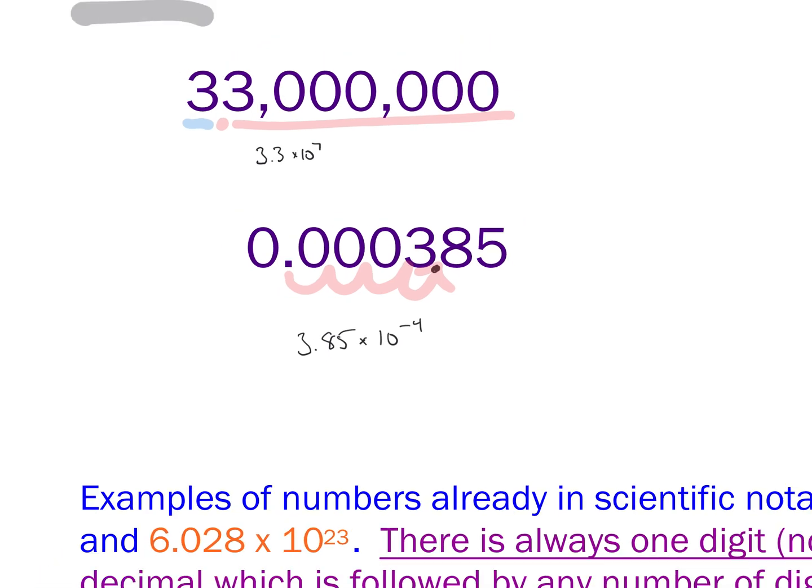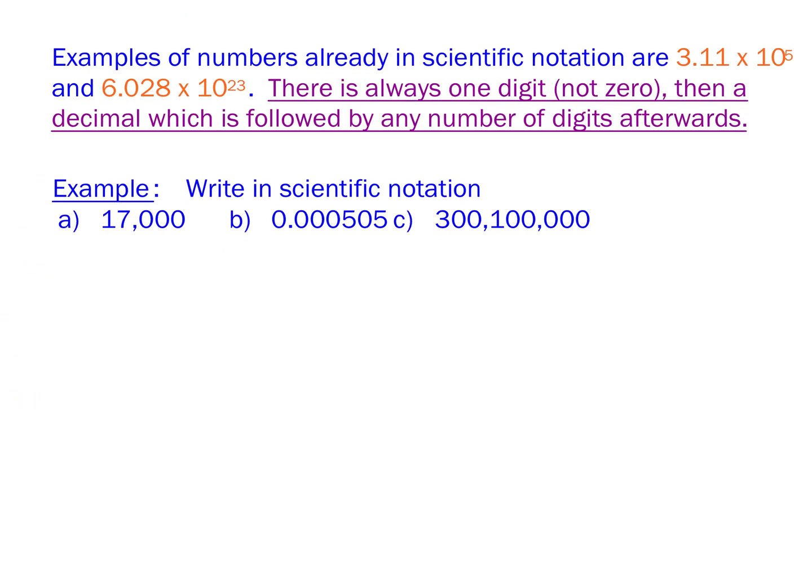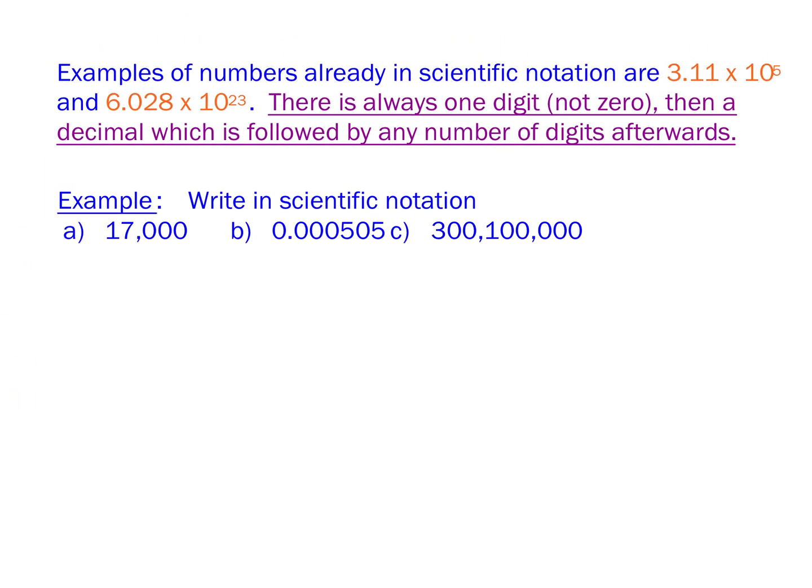Okay, now here are some more examples of numbers in scientific notation. 3.11 times 10 to the exponent 5. That's a big number. 6.028 times 10 to the 23rd power. That's another really big number.